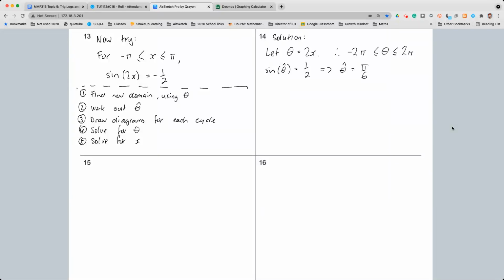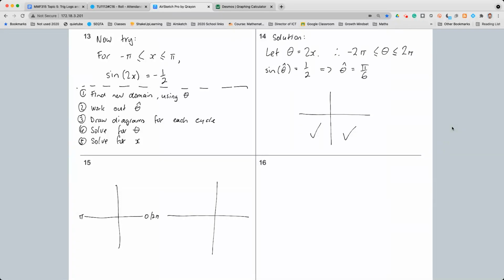Diagrams. This is the hardest bit. Let's do the easy one first, and that is we are looking for sine of theta equals negative 1/2. So that'll be in which quadrants? Tan is positive, cosine is positive, so therefore it's these bottom 2 quadrants. Now, this is the bit where we need to be very mindful of what we're doing. In the first diagram, I've got between 0 and 2 pi.